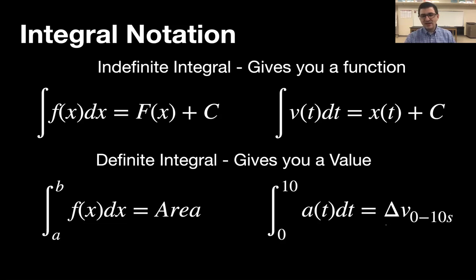So that would give me the number for how much the velocity changed between 0 seconds and 10 seconds. Or if you just integrated the function f of x between the random points a and b, it would just give you the area bounded between the function and the horizontal axis between points a and b. So there's definite integrals and indefinite integrals, and we're going to see just in a second how both of them can be useful in different circumstances.